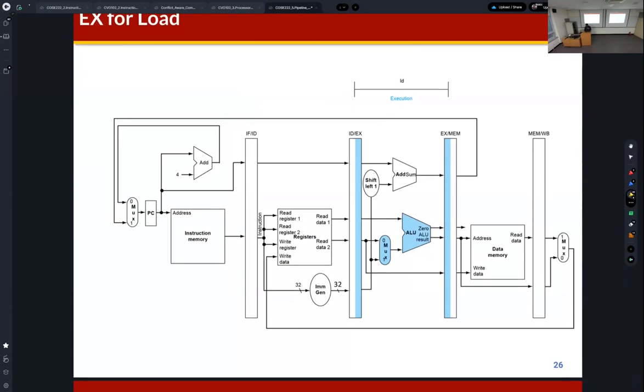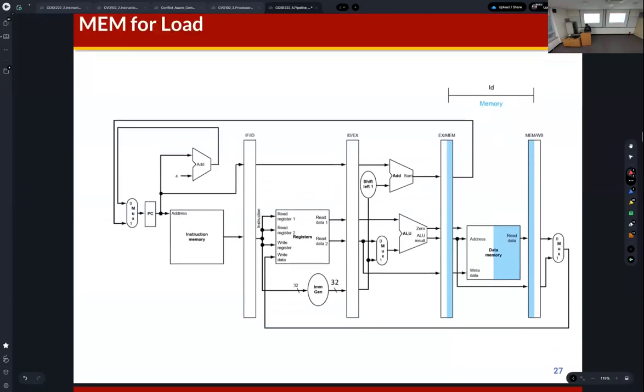So this is the execution stage. The sampled data are also delivered to the EX stage, and these data are processed by the ALU, because there is some adder for the branch instruction. And then we can get the result here.